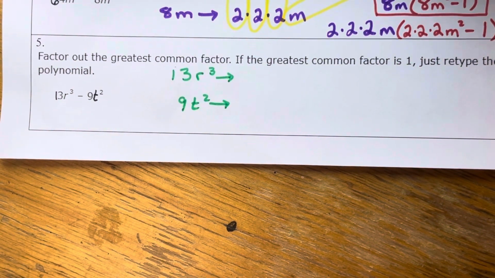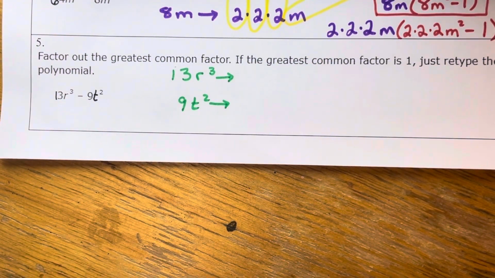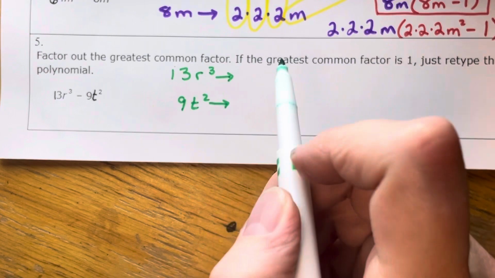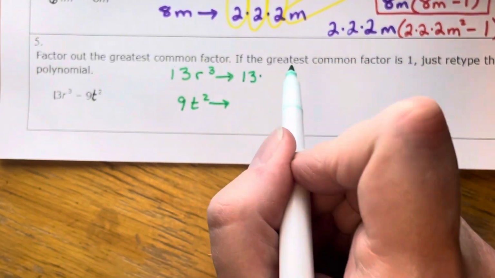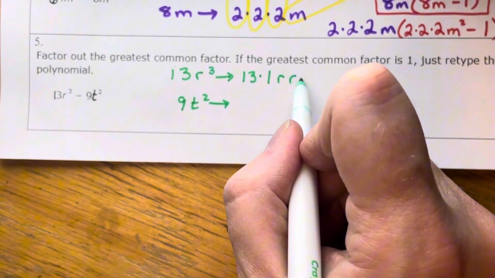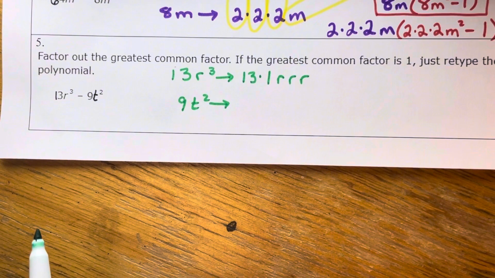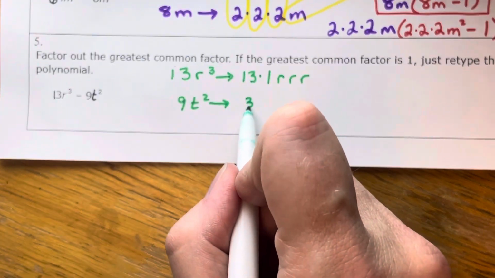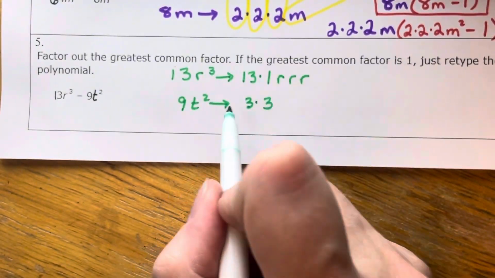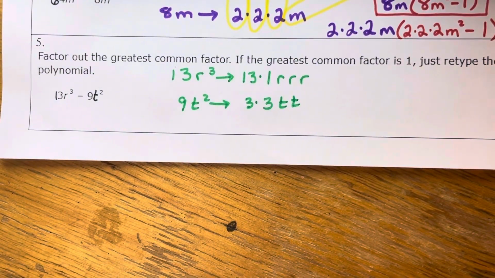In our fifth and final example, let's factor out these two terms using their greatest common factor. Our first term of 13r cubed. Well, 13 is prime all by itself, so that's just 13 times 1. And I have an r cubed, so that's 3 r's. 9t squared, our second term, well, 9 comes from 3 times 3, and t squared comes from t times t.